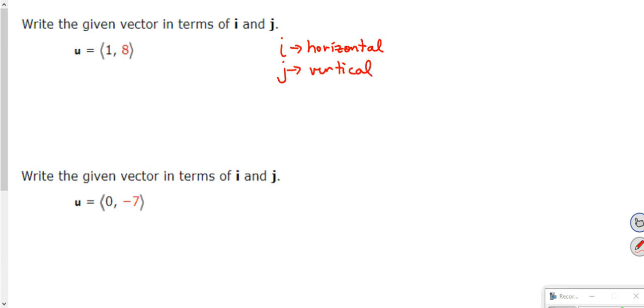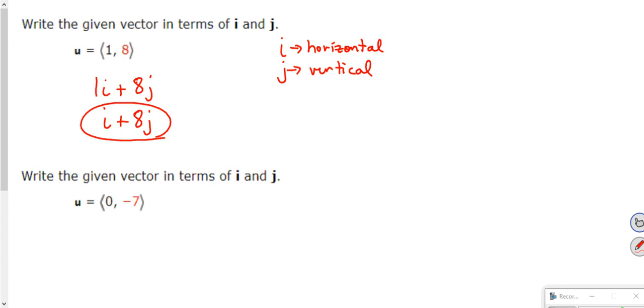Okay, so 1, 8 is literally 1i plus 8j, or just i plus 8j. That's it. That's all there is to it. Okay? So instead of the left being the horizontal and the right being the vertical, now the horizontal is i, the vertical is j.